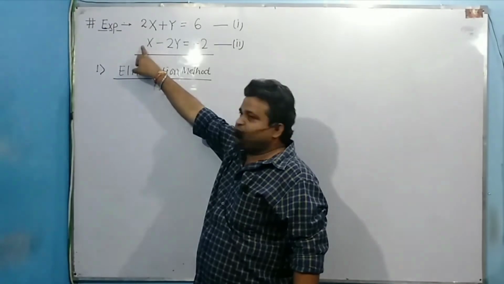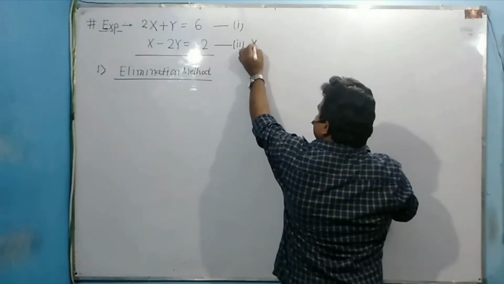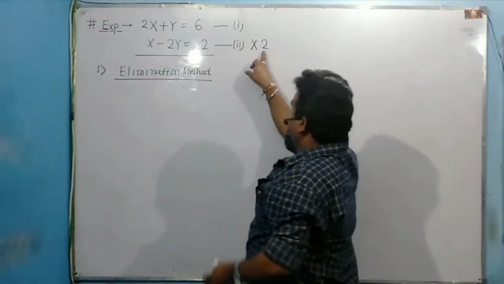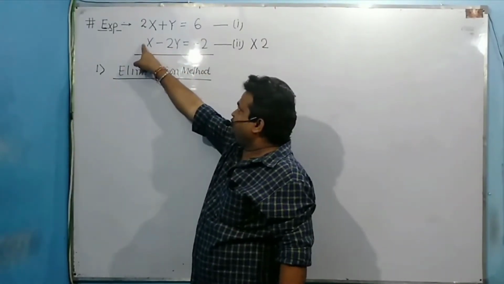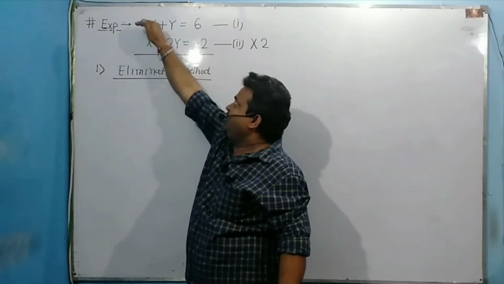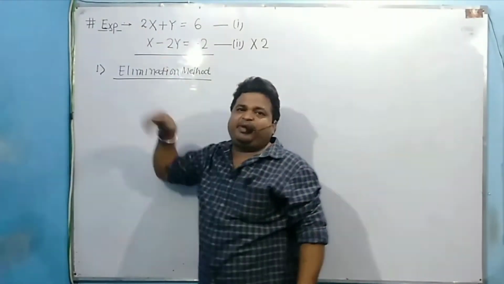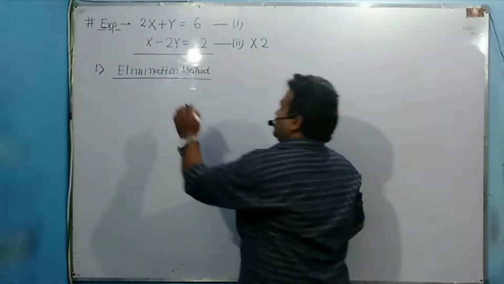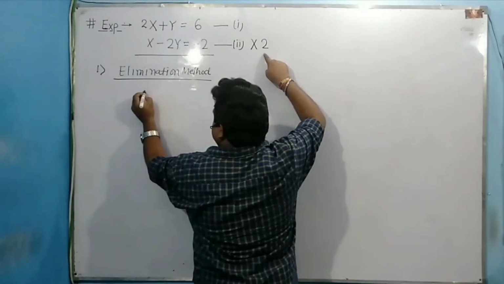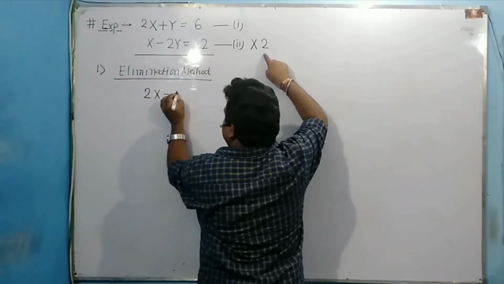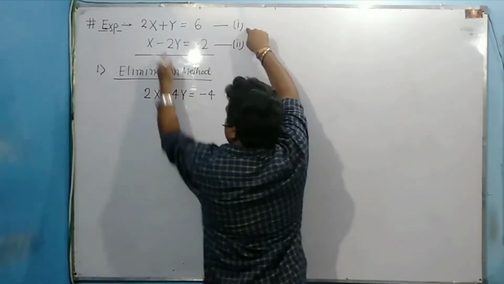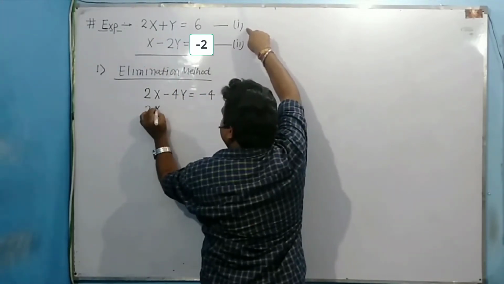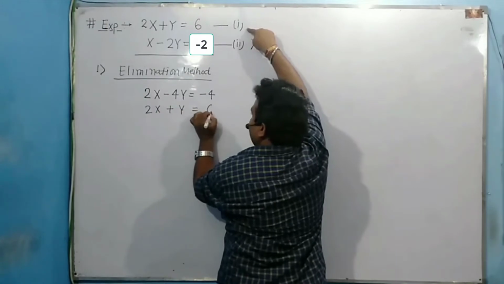To make this 2, you need to multiply the second equation by 2, so that after multiplication the two coefficients become equal and I can easily eliminate my x variable. Now when you multiply by 2 in this equation, you will get 2x minus 2 2s are 4y is equal to minus 4, and equation 1 I rewrite again: 2x plus y is equal to 6.